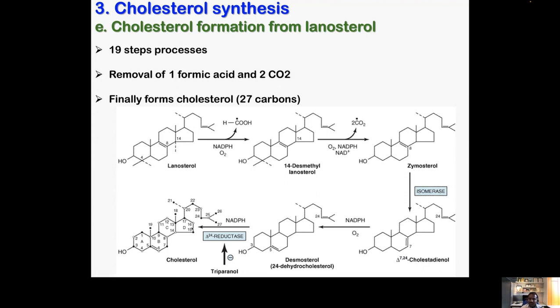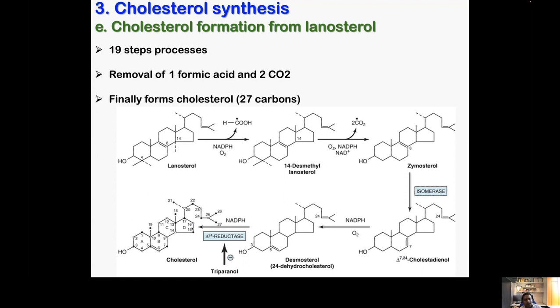OK, so we started with two carbon containing acetyl CoA. Now we have a 27 carbon containing cholesterol molecule. So that's about cholesterol biosynthesis. You need to remember the important steps, important enzyme names, particularly HMG-CoA reductase, lanosterol synthase, and monooxygenase for squalene.